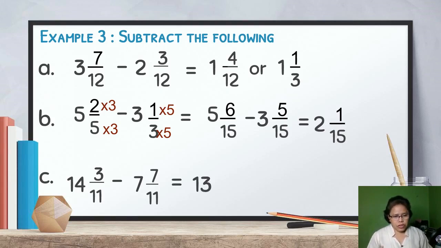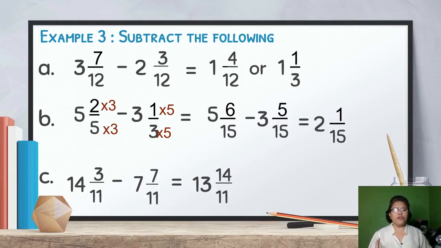So, yung isang hiniram natin from 14, gawin nating fraction. And a fraction which is equal to 1 na ang denominator ay 11 is 11 over 11, di ba? So, yung 11 over 11, idagdag natin sa 3 over 11. So, meron ka ng 14 over 11. So, yung 13 and 14/11, kung i-change mo siya, simplify mo siya, babalik lang din yan sa 14 and 3/11. Okay? Humiram lang tayo ha, nanghiram lang tayo sa 14.